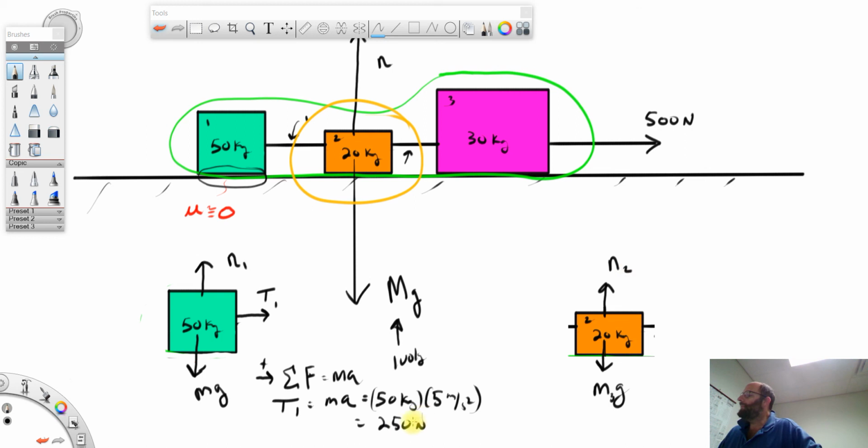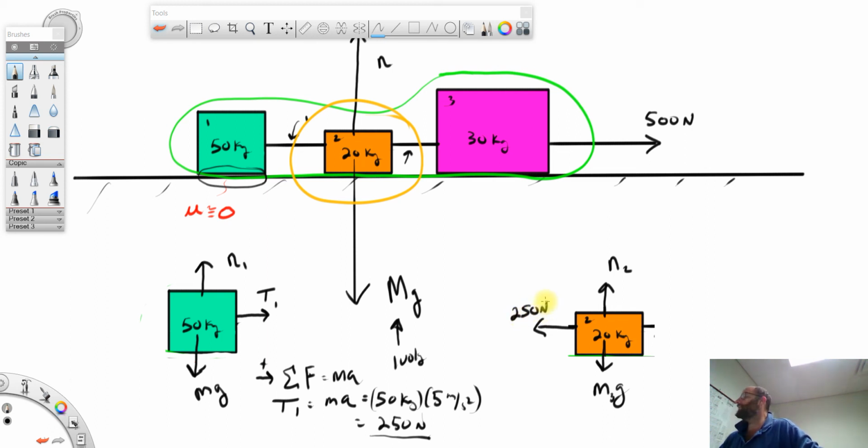Now, this 250 Newton force we found, remember, that was coming from this rope right here. That force acts to the right on the green mass, on mass 1, but it acts to the left on mass 2. That's Newton's third law. Now, whether we call that tension 1 or 250 newtons doesn't really matter.